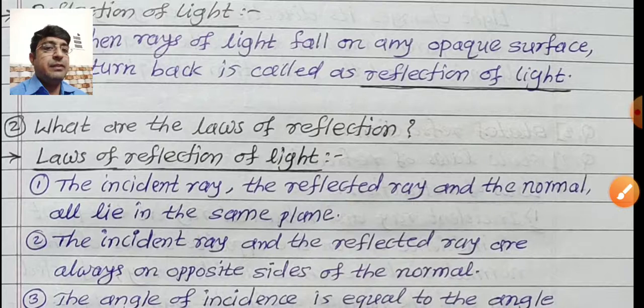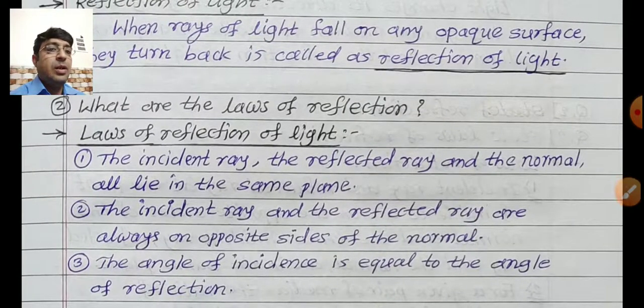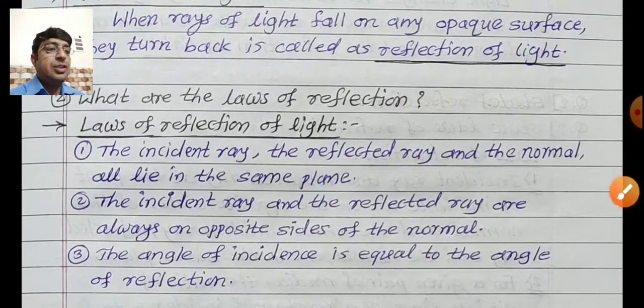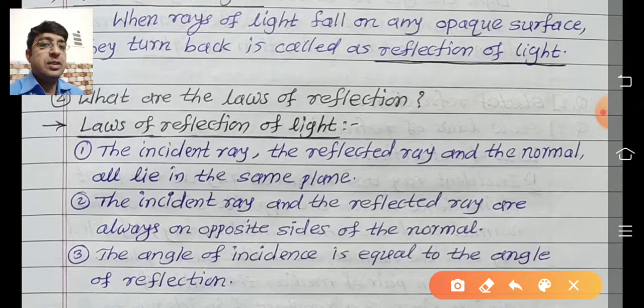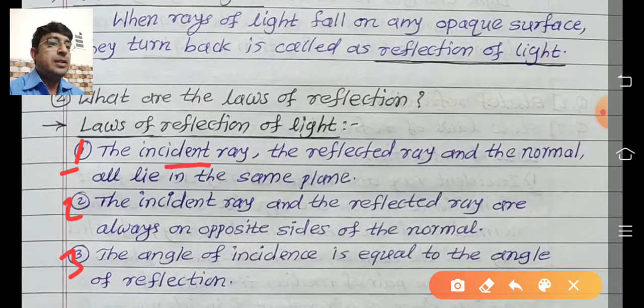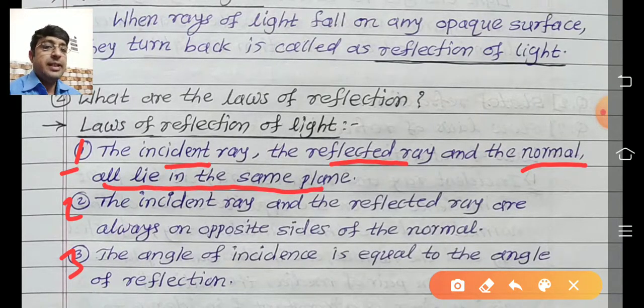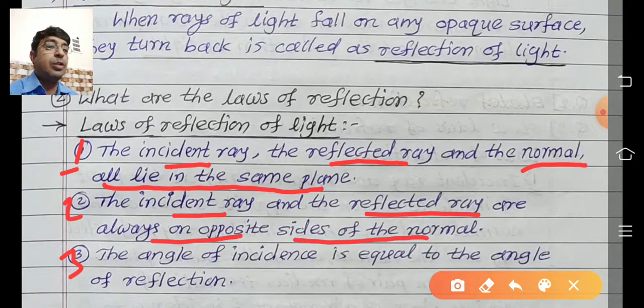Second question given is the laws of reflection of light. Three points are given. First point: the incident ray, reflected ray and normal, that is a perpendicular, all lie in the same plane. Second point: the incident ray and the reflected ray are always on opposite sides of the normal.